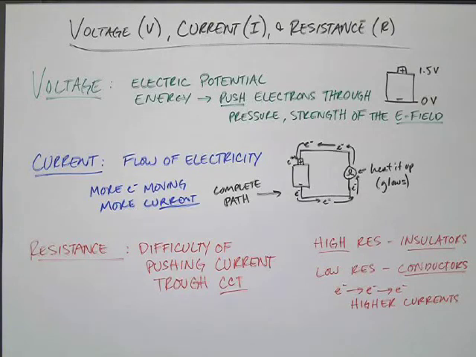So that's why we use conductors to transmit electricity to the objects in our house that we plug into our outlets and to our lights, because they can more easily pass that electrical energy through the circuit to get things to operate. And that's voltage, current, and resistance.